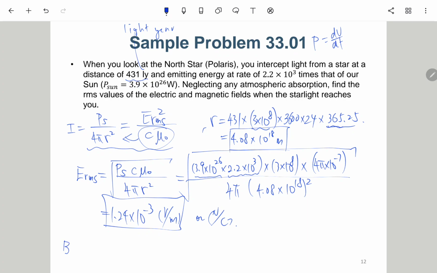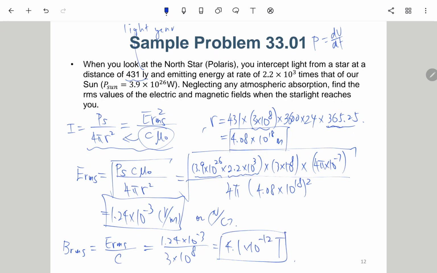So finally, B_RMS will be E_RMS over c. So this is 1.24 times 10 to the negative 3rd power over 3 times 10 to the 8th power. So this is 4.1 times 10 to the negative 12 Tesla. Okay.